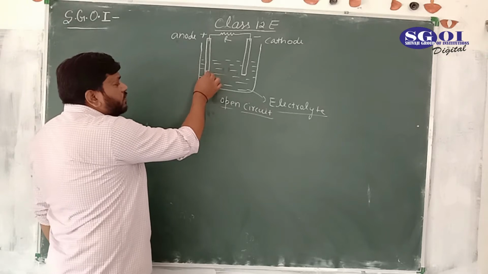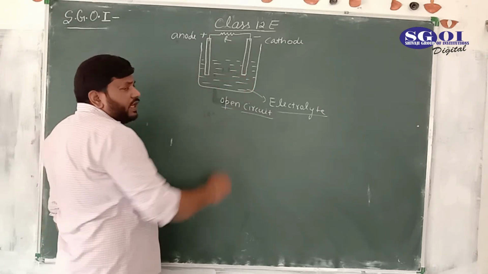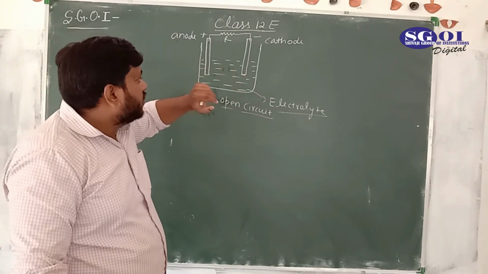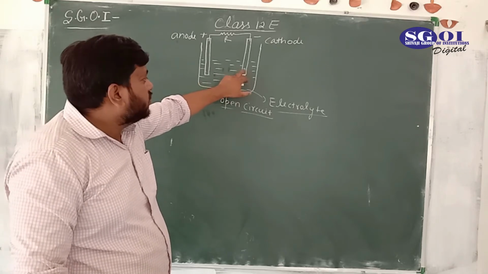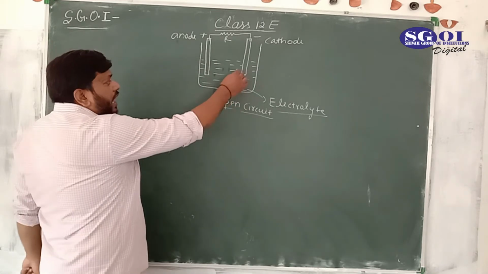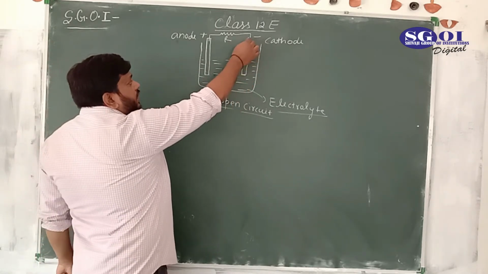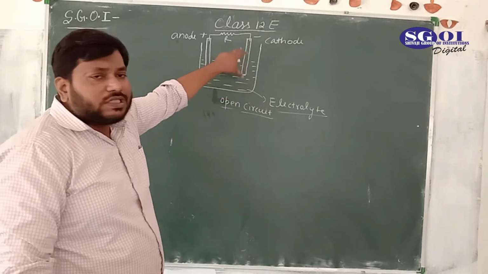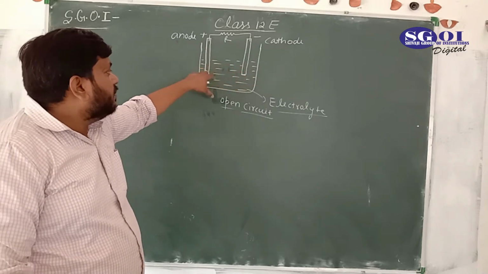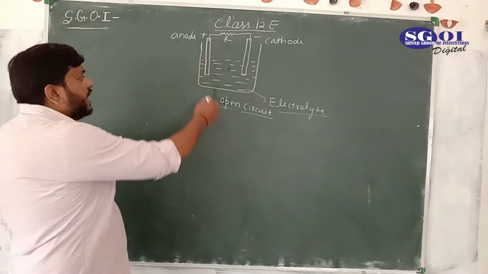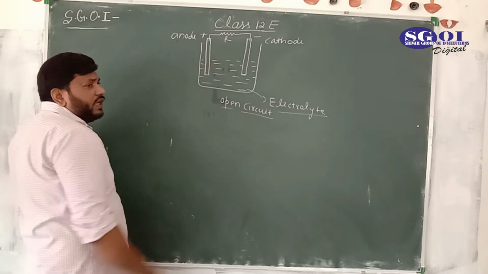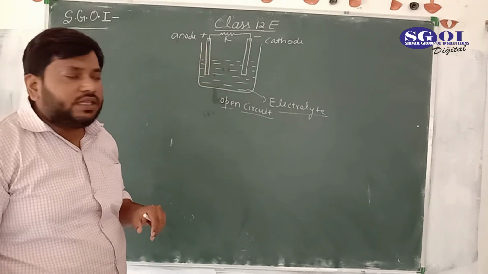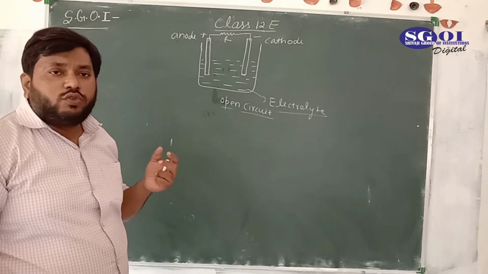The negative ions, when they reach this position, provide electrons to this plate. Here the number of electrons starts increasing and here the number of electrons starts decreasing, because as positively charged ions move here, this plate provides electrons to that positive ion, and that ion gets neutralized.